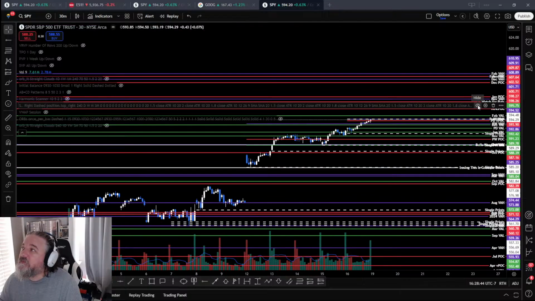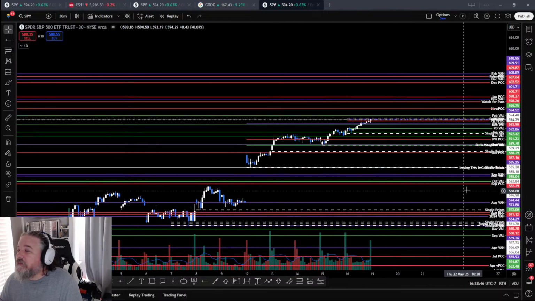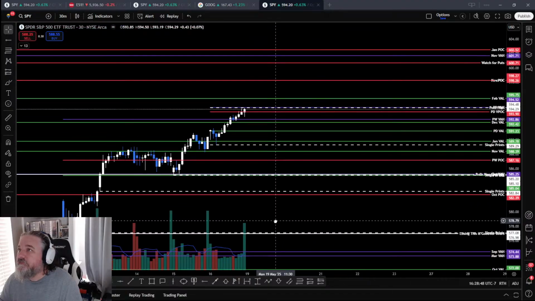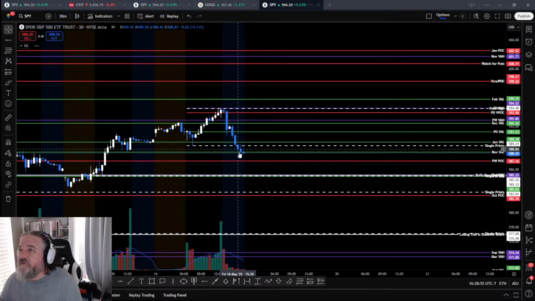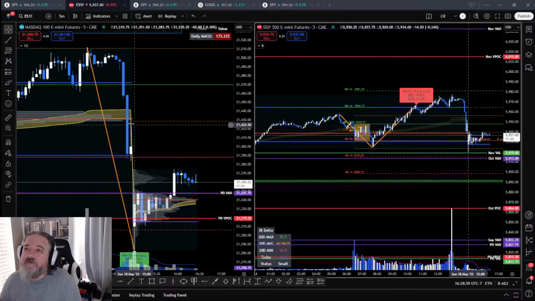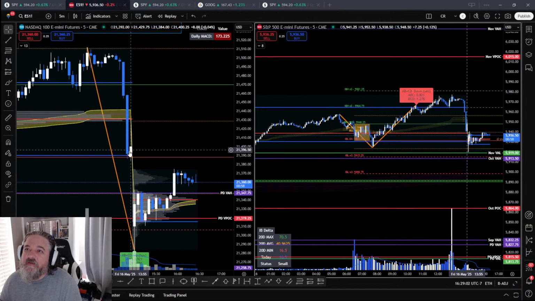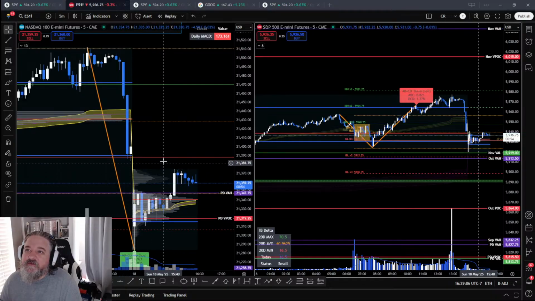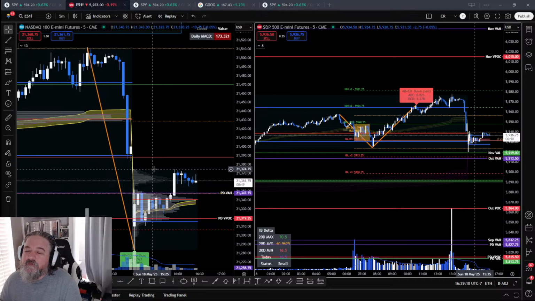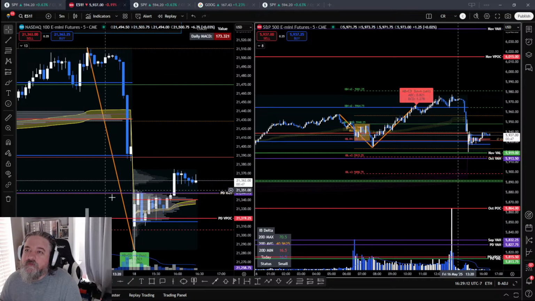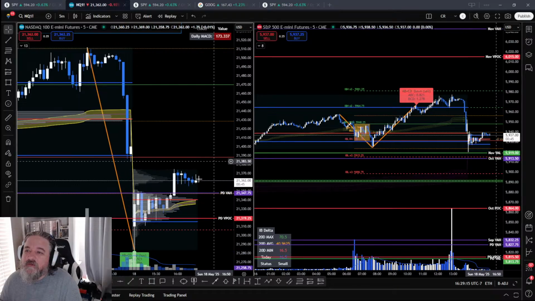At the close on Friday, they sold off pretty hard. Futures sold off and then gapped down, and right now they've just about filled the gap.